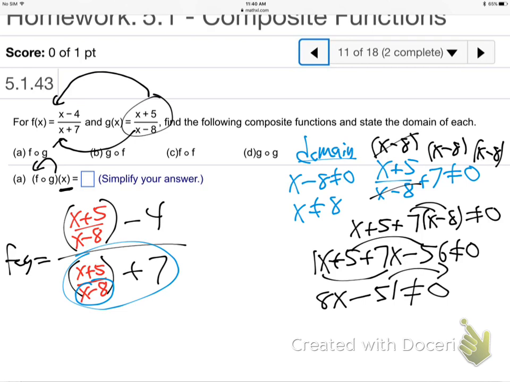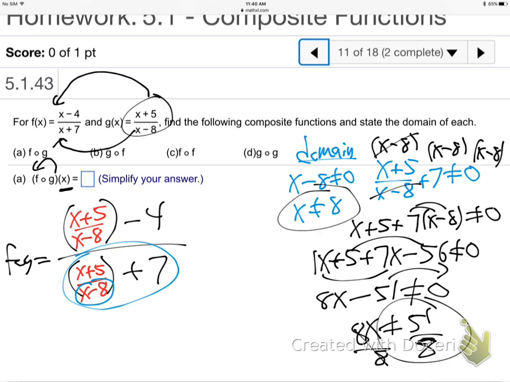And then bump that 51 to the other side. 8x cannot equal 51. Divide by 8. Boom, there we go. X cannot be 51/8, or 8. That's the domain.